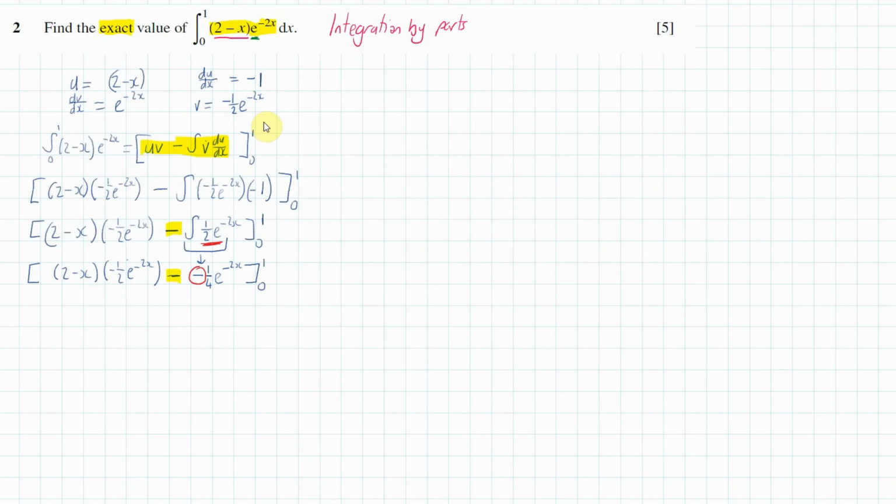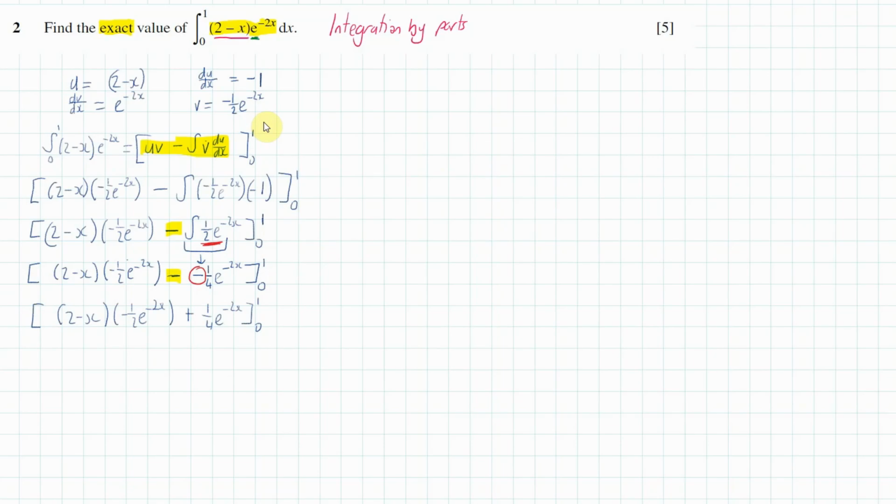And so now we are ready to perhaps put in our limits. So I will just simplify this. Now, at this point, we're going to chuck in our upper limit.